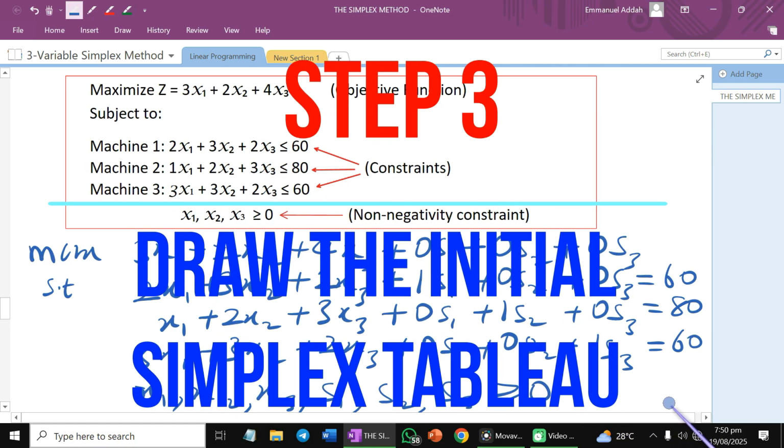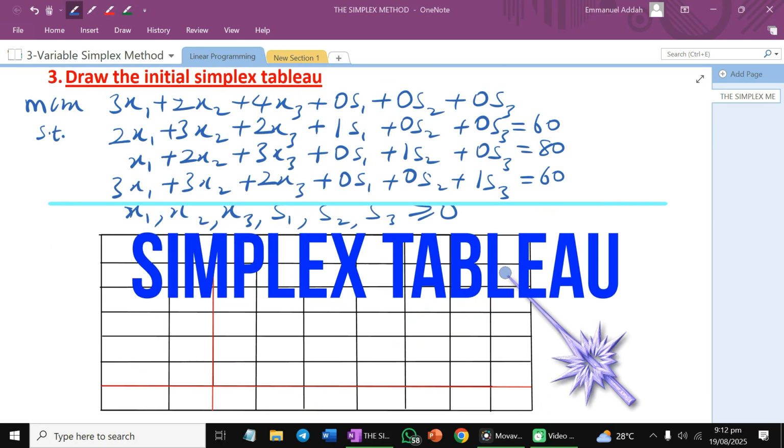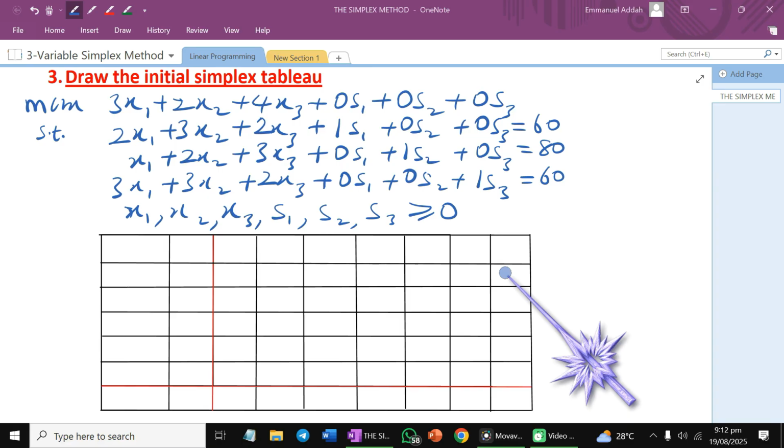The next thing is to draw the initial simplex tableau. Step 3 here, draw the initial simplex tableau. We're going to draw the tableau and also fill in the entries. Now this is the table. For the initial simplex tableau, you have three slack variables, 1, 2, 3.